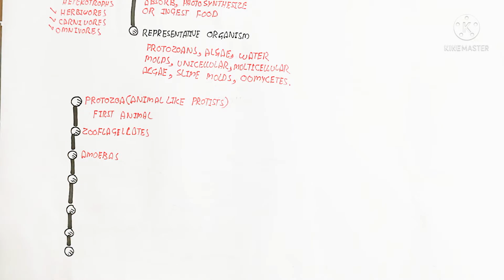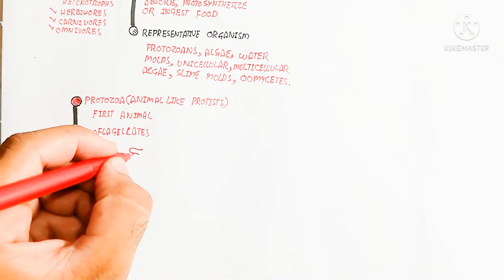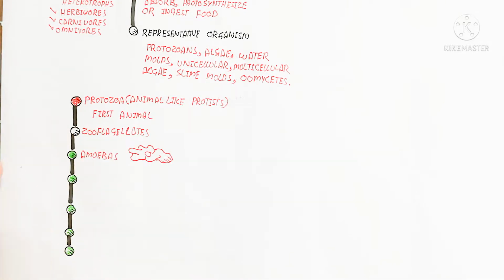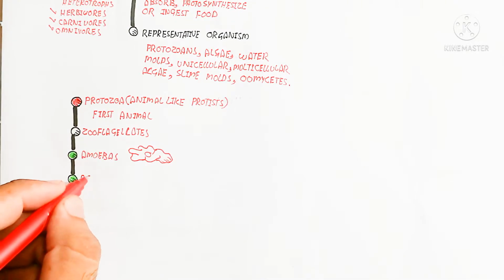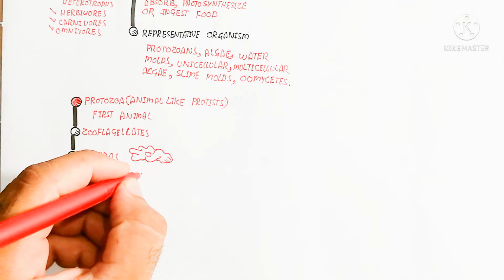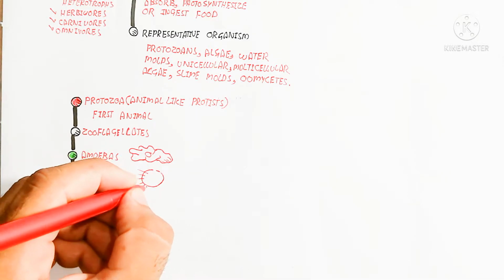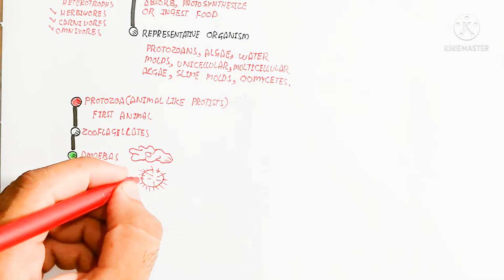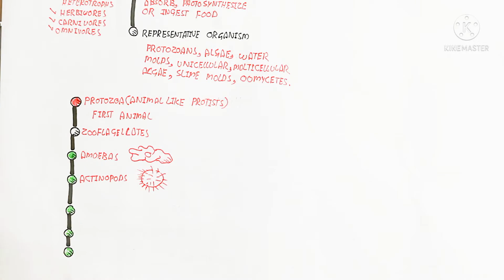The animal-like protists we will discuss here contain zooflagellates, which are unicellular and flagellated. On the other hand, the amoeboid cells, amoebas, use cytoplasmic streaming for movement. Zooflagellates use flagella.